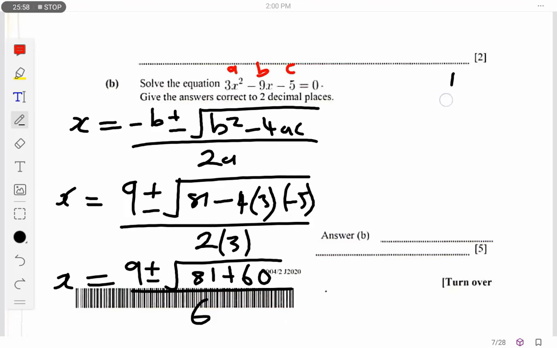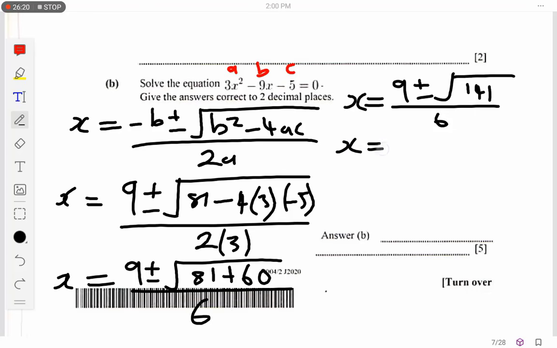That will be square root of 141. So we now have 9 plus or minus square root of 141 over 6 is equal to our x. You can simply punch it into the calculator: x is equal to 9 plus square root of 141 over 6, or 9 minus square root of 141 over 6.